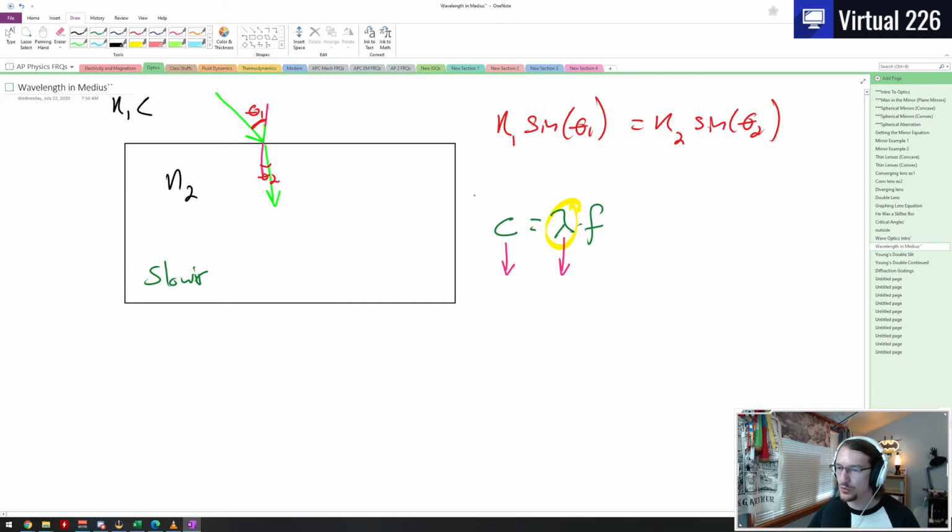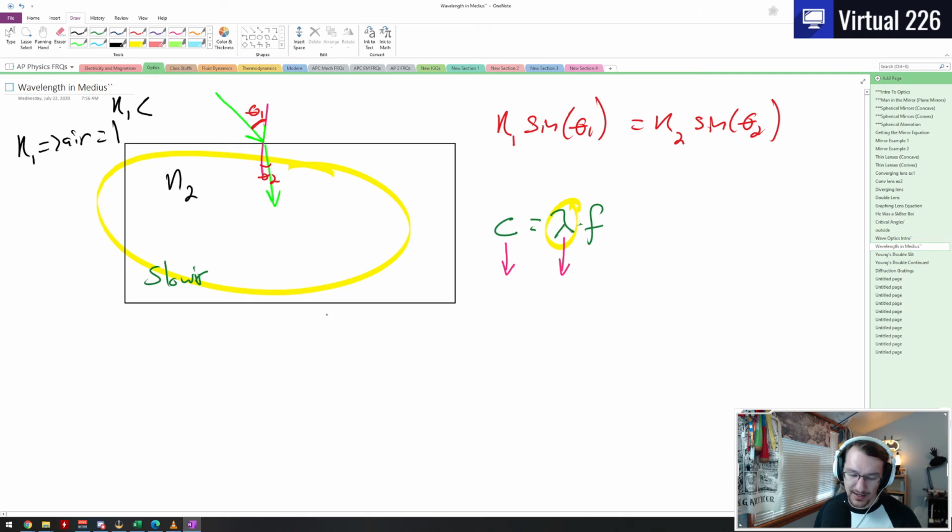And it's important to recognize that when we are in some new medium that's not air, and air's technically not a perfect vacuum, so it doesn't have an exact index of refraction of 1, but it's close enough that we consider air as equaling an index of refraction of 1. But if we're inside some new medium, we need to be able to find the wavelength in that medium.